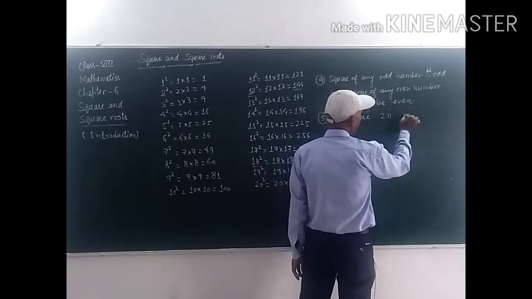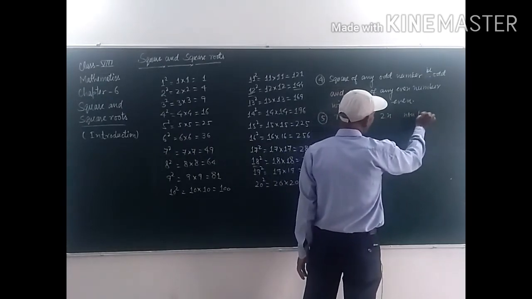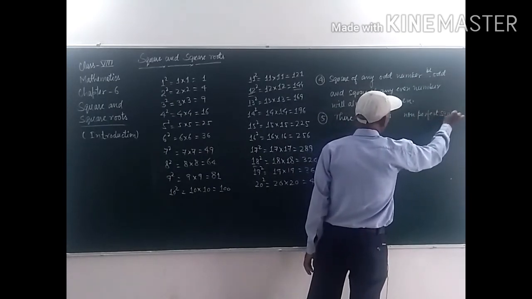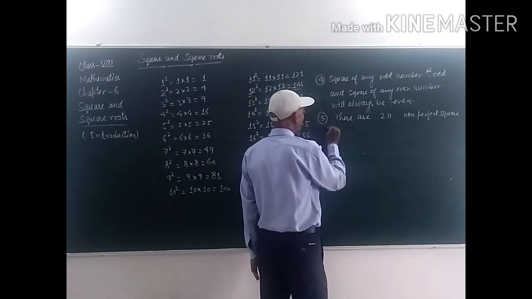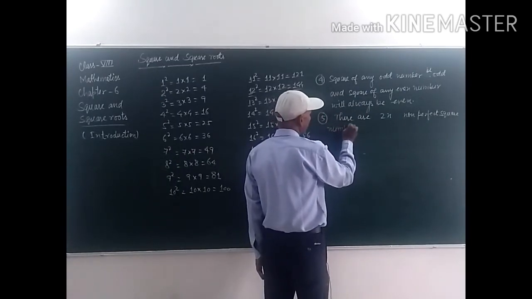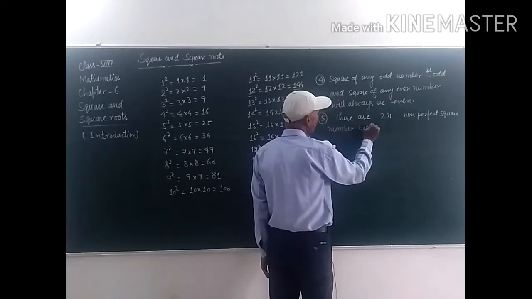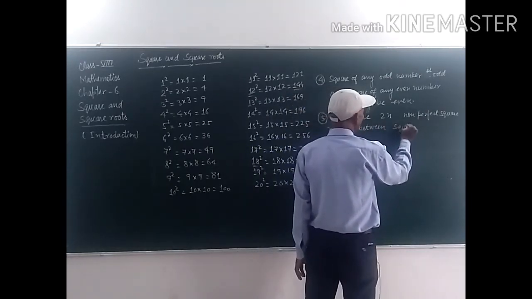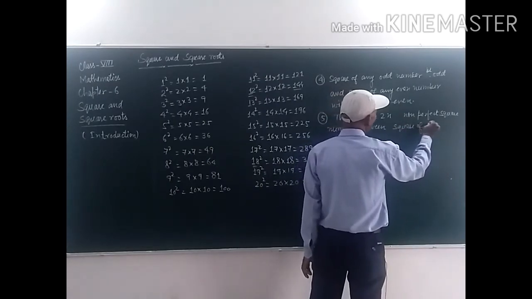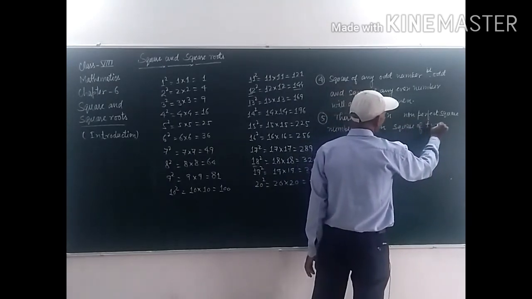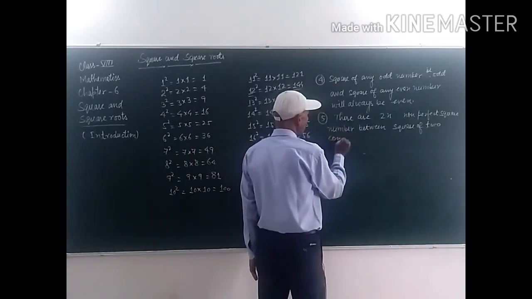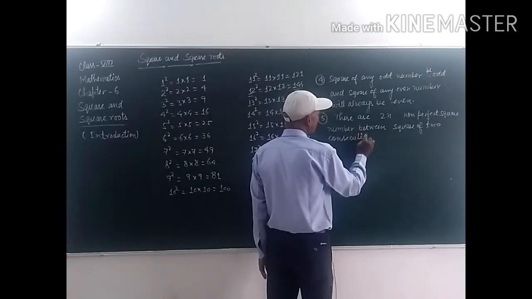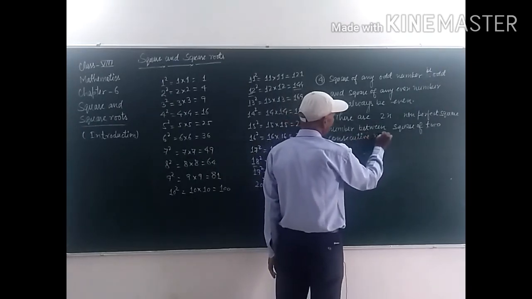Fifth property is, there are 2n non-perfect square numbers between the squares of two consecutive numbers.